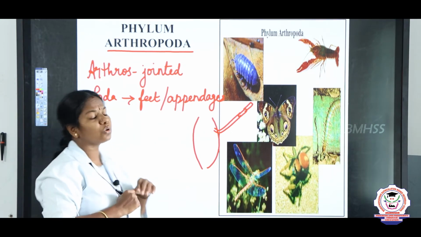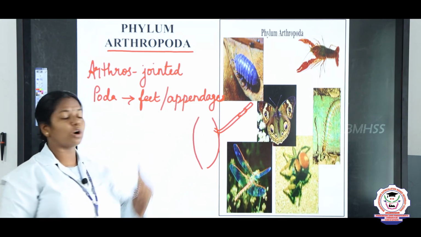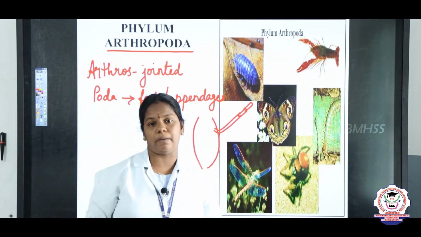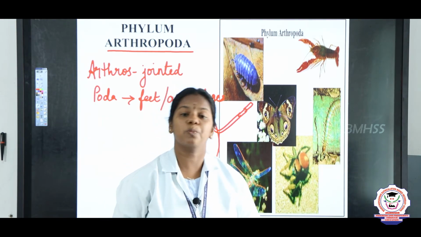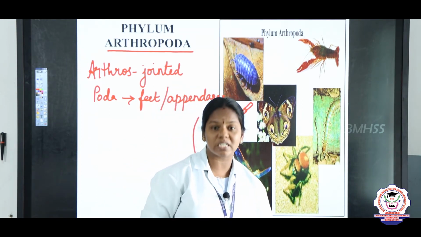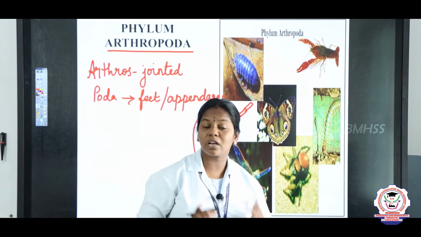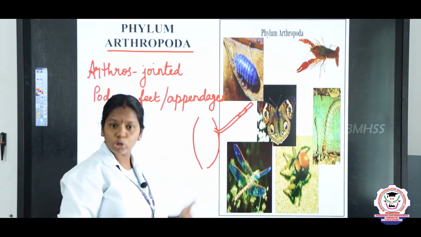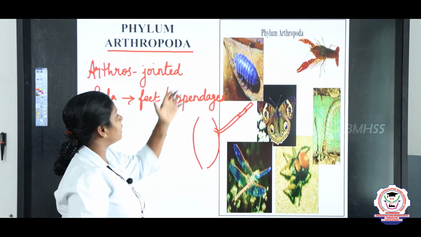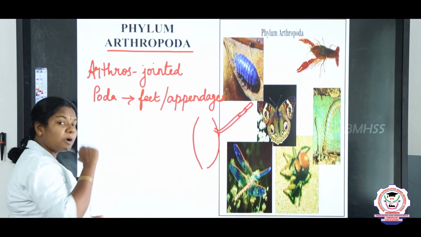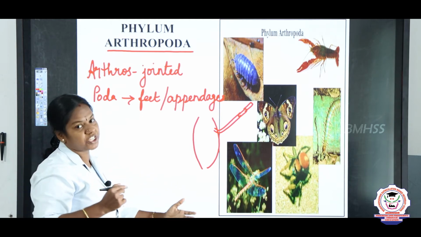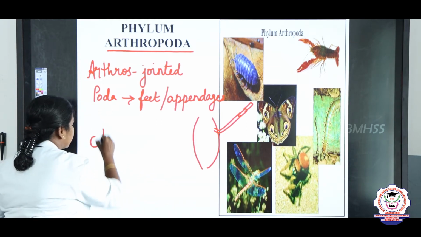When compared to other phyla, phylum Arthropoda is the largest phylum. They may ask in the exam, as it was asked last time in the public exam, children: explain the characteristic features of the largest phylum. Which is the largest phylum? Phylum Arthropoda. This phylum consists of many classes, but one important class which has a large number of species is class Insecta.